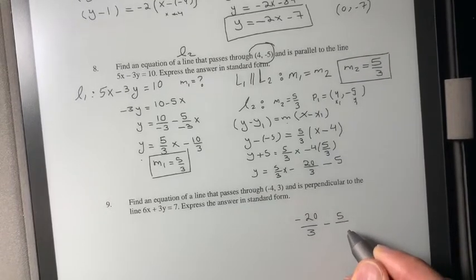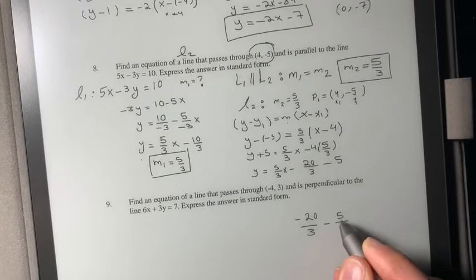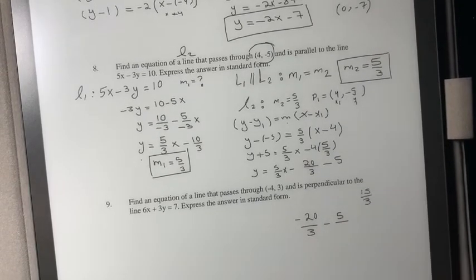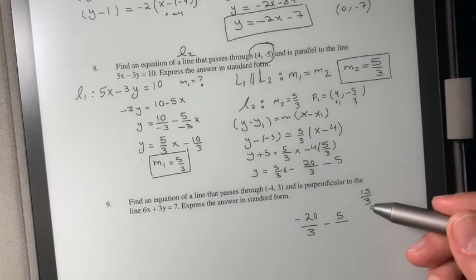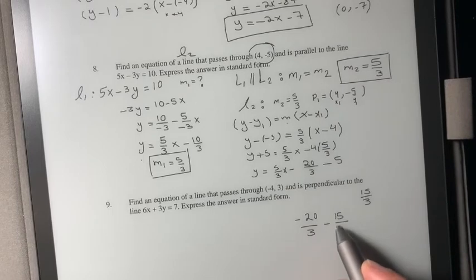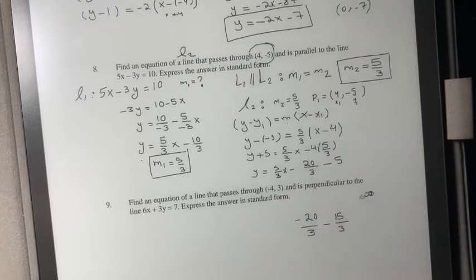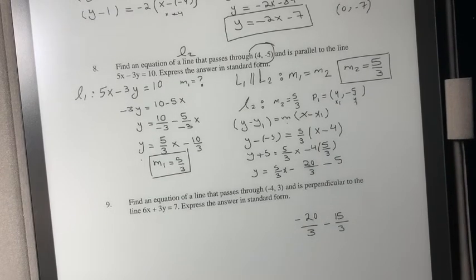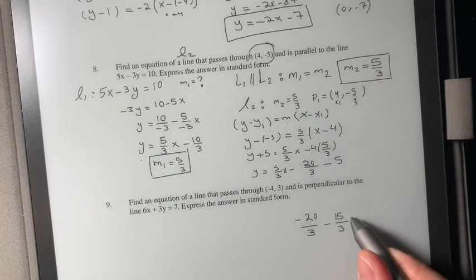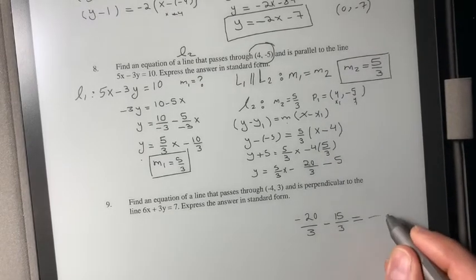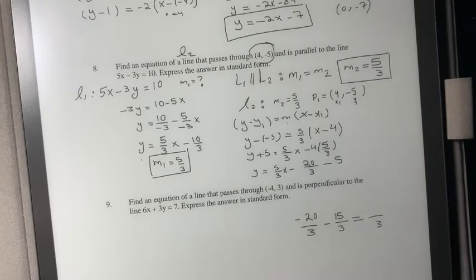Let's say this 5 was 15 over 3. Can I say that? Because 15 over 3 is 5, right? Instead of 5, I'm going to write 15 over 3. I'm doing this before I teach you the LCD, least common denominator. Now these two have the same denominator.